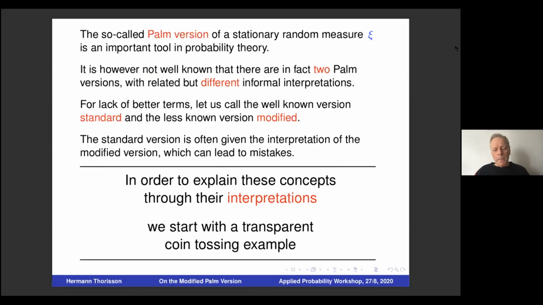So he devised a way to find out what would be seen from the times of phone calls, and that has been called the Palm version. I call it here the standard Palm version, the standard way of doing it. But actually what Conny Palm was after is what I call, or is sometimes called, the modified Palm version. They are not always the same, even if they are often the same.